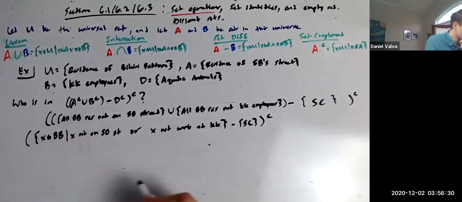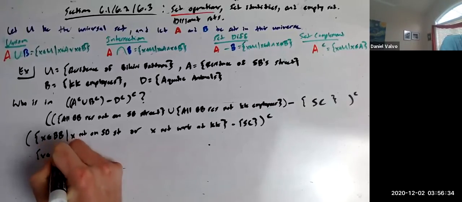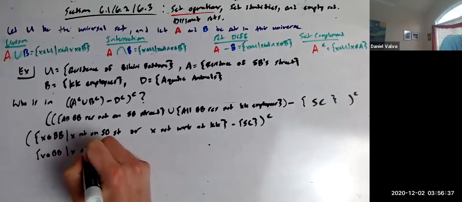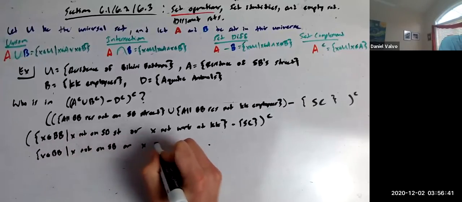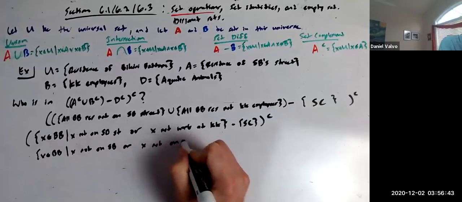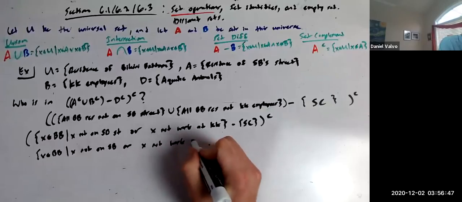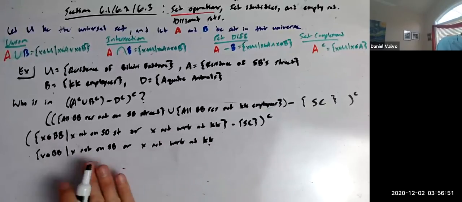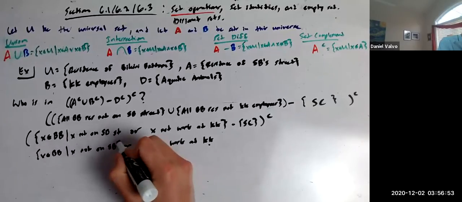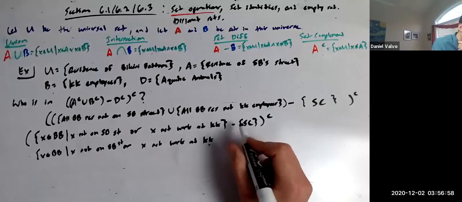So subtracting Sandy Cheeks, this is just all X in Bikini Bottom such that X is not on SB or X does not work at the Krusty Krab. So if X not on SpongeBob Street or X not work at the Krusty Krab, and now we're subtracting Sandy Cheeks from this set.